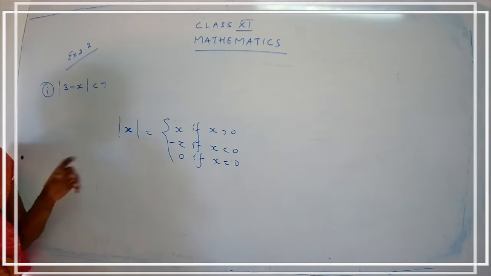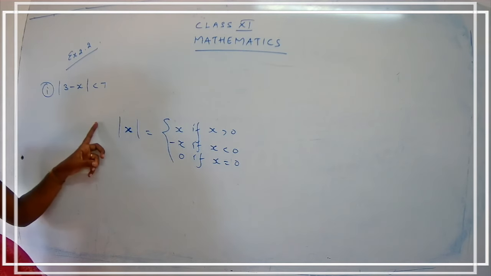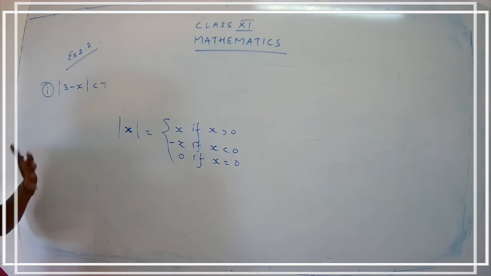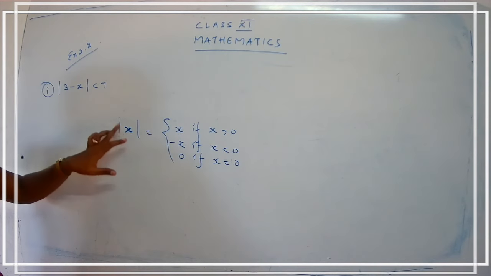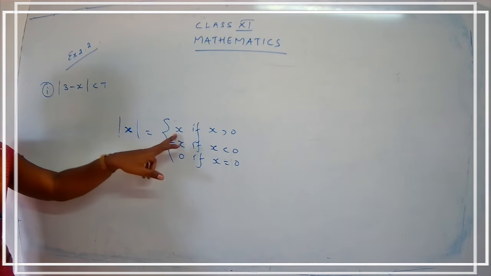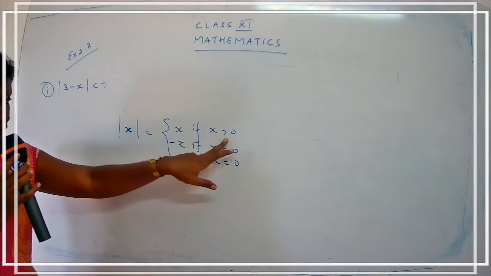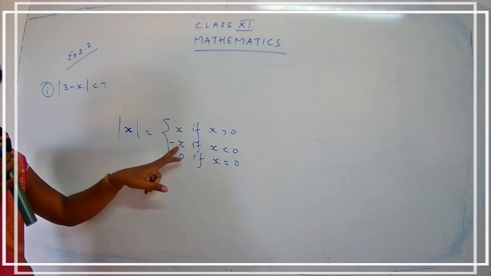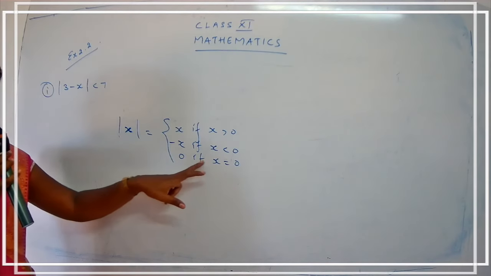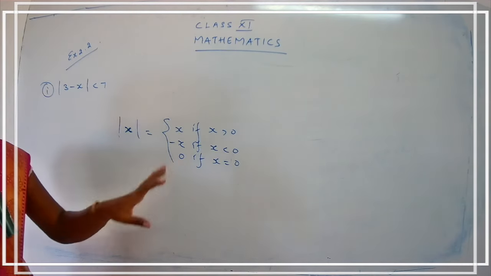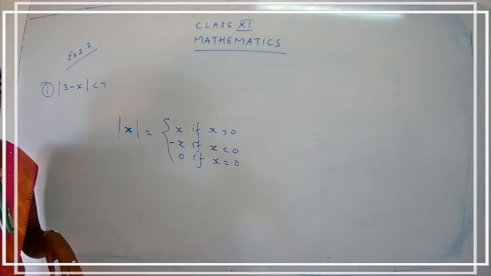So remember this, this was a definition that we have already studied in our unit 1 while we were dealing with the functions. So what is the definition for modulus function? Mod x is equal to x if x is greater than 0, it's minus x if x is less than 0, and this is 0 if x is equal to 0.